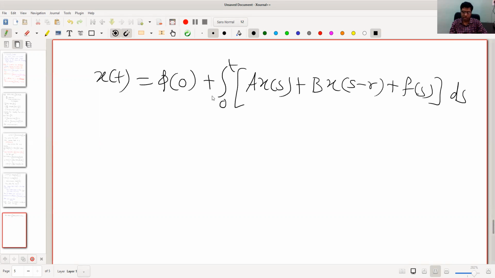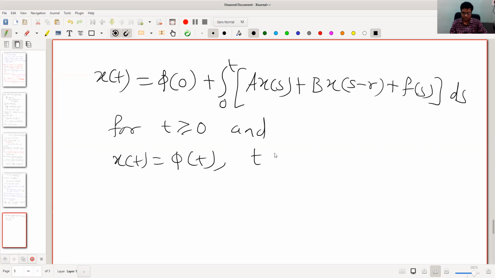So we are integrating this equation. This is for t greater equal 0, and as usual x of t is phi of t for negative values, t in minus r to 0.